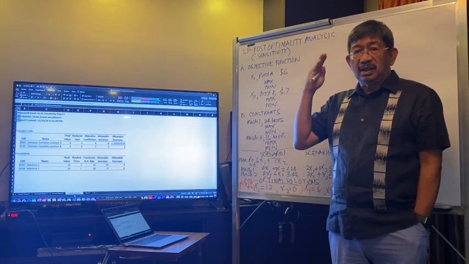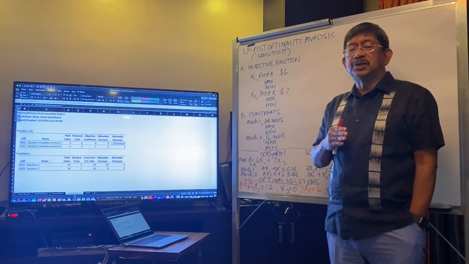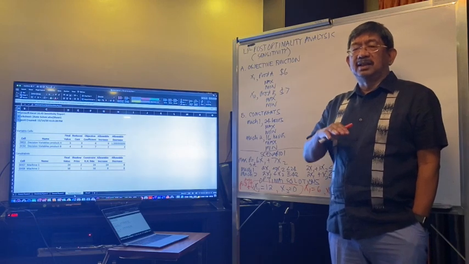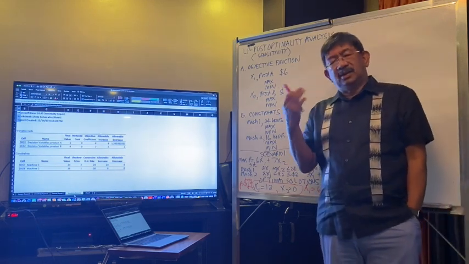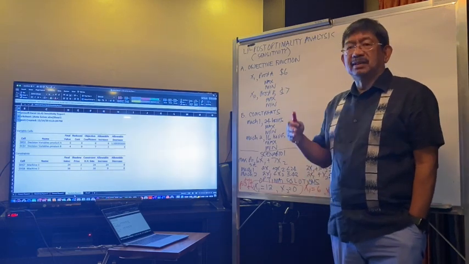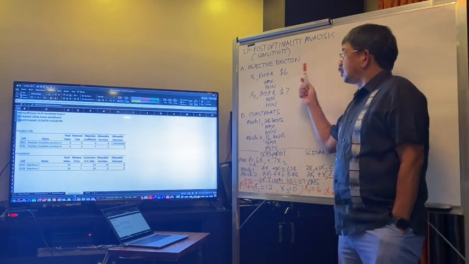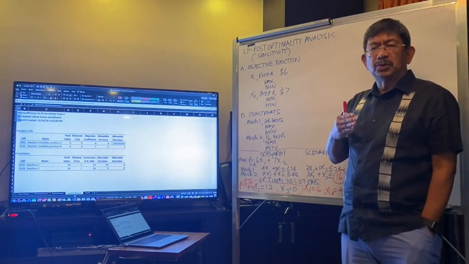Because it assures you that profit is maximum. It assures you that cost is minimized, lowest. And in today's very competitive world, no more boundaries. You have to always maximize profit and minimize cost. So you always have to make sure that your solution is optimal.